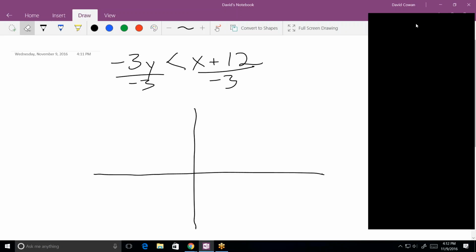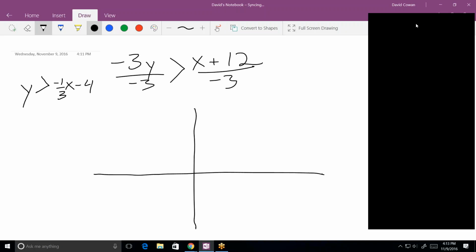Flip it, because I'm dividing by a negative number. If you divide or multiply an inequality by a negative number, you have to flip the sign. Now that gives me y is greater than minus 1/3 x minus 4. Make sure you see how I converted that to this. Now I can graph that as a straight line.